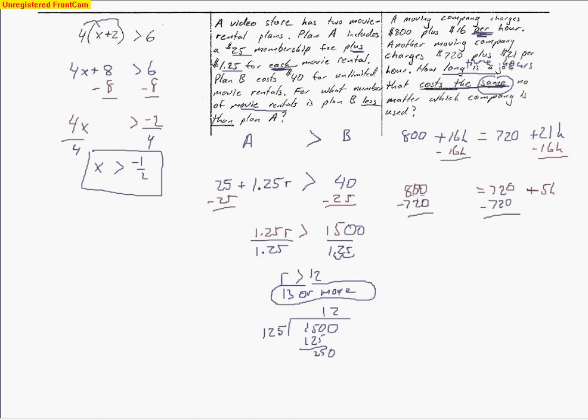And that leaves me with 60, actually, I'm sorry, 80. 80 equals 5h. And so now we do some division. And when we divide 5 into 80, it goes 16 times. So write down those units, what 16 represents. It's hours. So after 16 hours, the two companies charge the same amount.